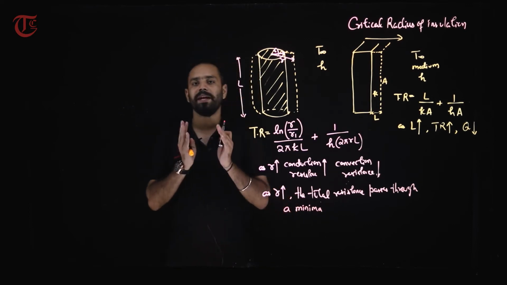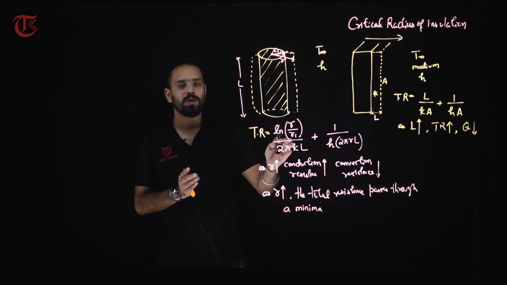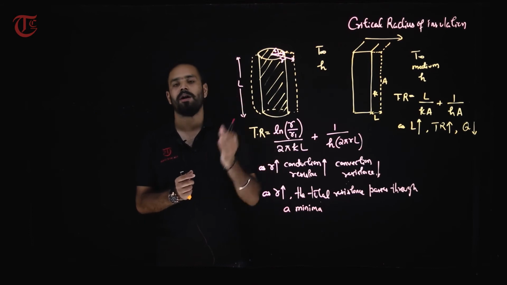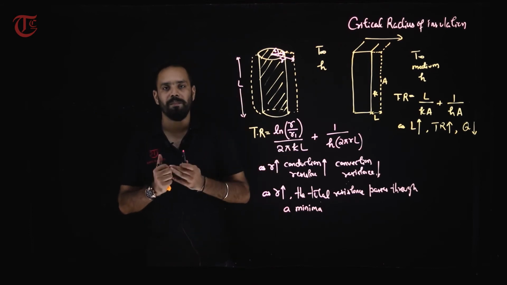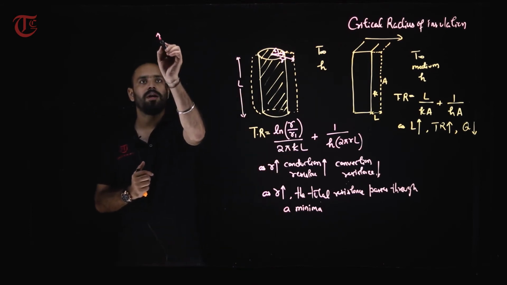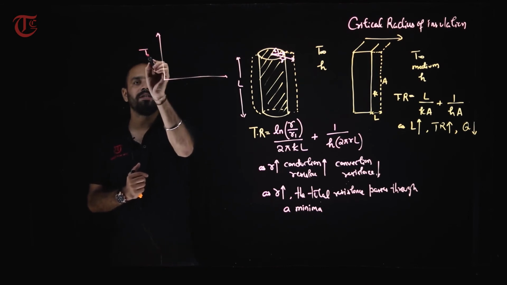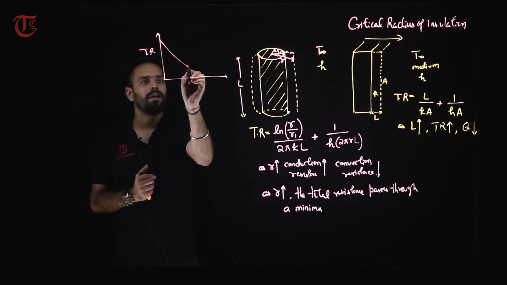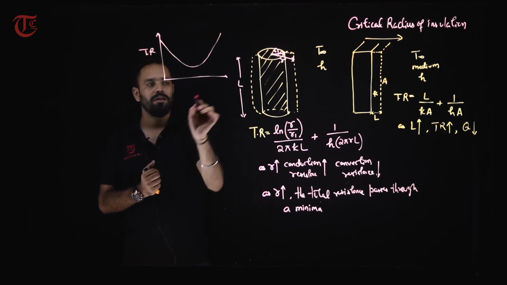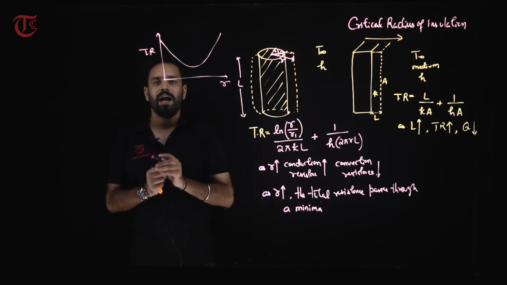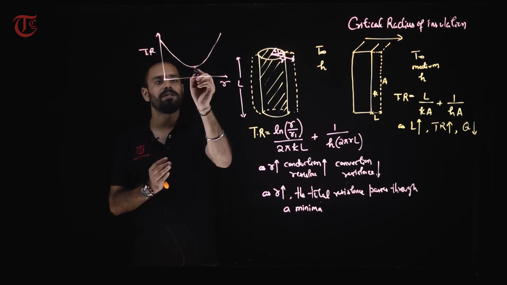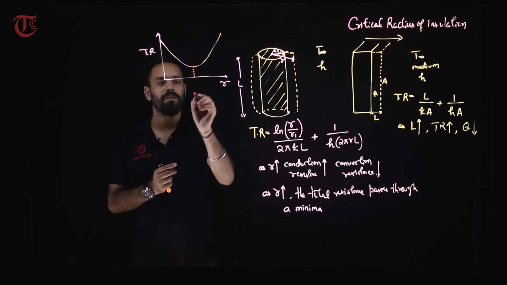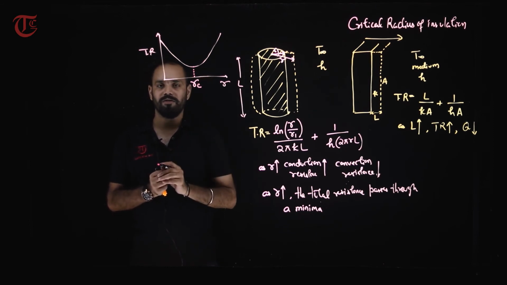Means at some radius of insulation, the total resistance of this heat transfer is going to be minimum. So, what happens? The total resistance first decreases and then increases. This is the radius of insulation. At that radius where the total resistance of heat transfer becomes minimum is called the critical radius of insulation.